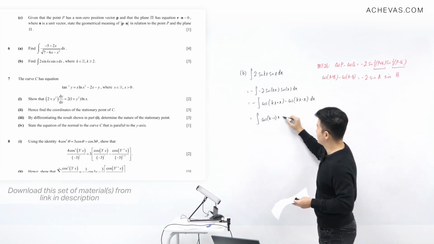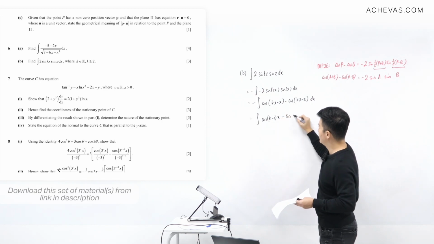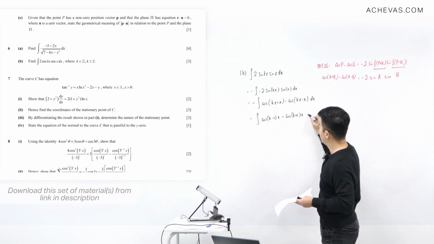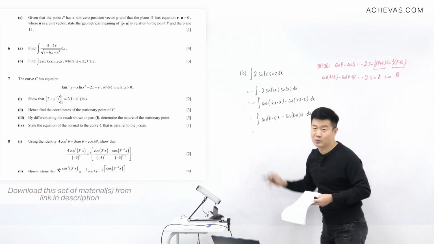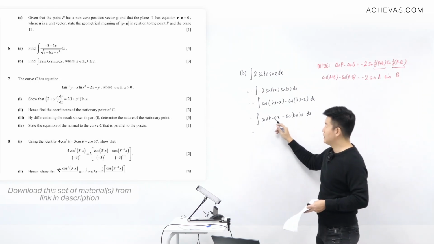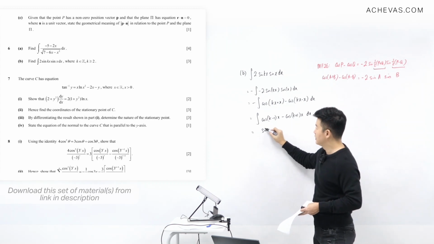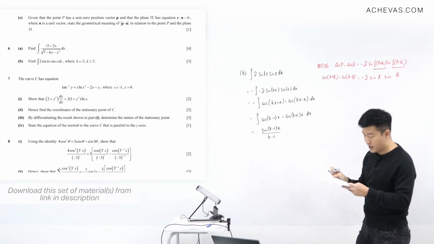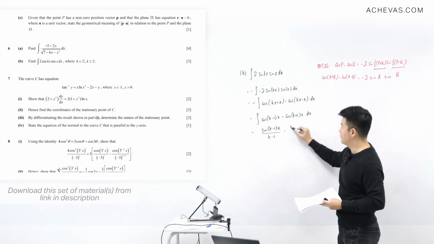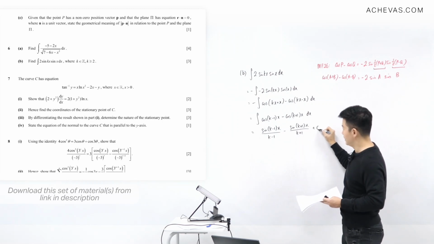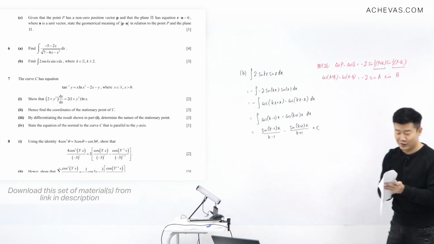Then negative times this is going to be minus cosine of k plus 1 x, then dx, and now we are ready to do our integration. Integrating this gives us sine of k minus 1 x divided by k minus 1. As for this, it gives sine of k plus 1 x divided by the coefficient, which is k plus 1, then plus c. Oh, we are done with part b.